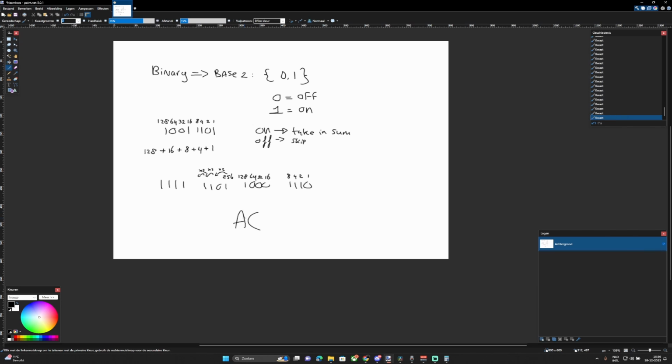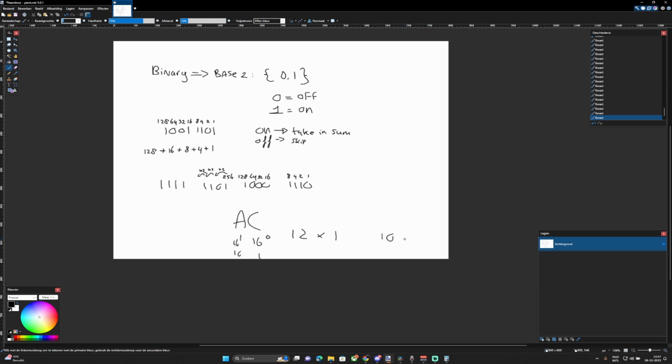So let's take, for example, the offset AC. Then you know, okay, C, that's going to be 12 in this list. We're going to do that times 1, because this is 16 to the power of 0. And then A, that's going to be 10. That's going to be 16 to the power of 1, because it's the second number. That's 16.